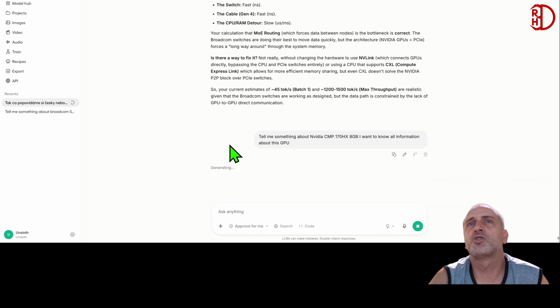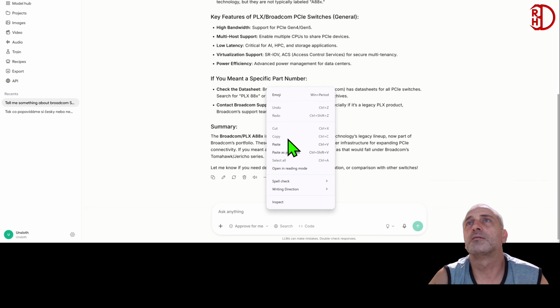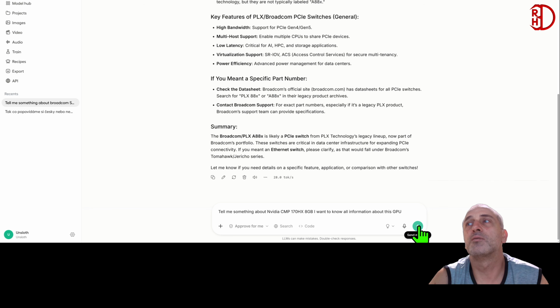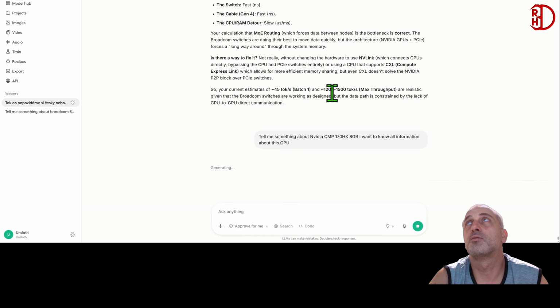And we will see what this guy is doing. And he is actually, wow. He's stuck. He's stuck. Really. That's crazy. Okay. Then we will use a fresh window. I just wonder if it will be faster or if he will get stuck also about this GPU. But really, that would be a big problem if he is so stupid and he doesn't know this card.